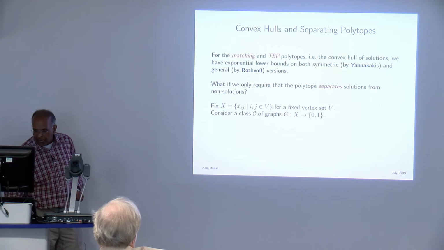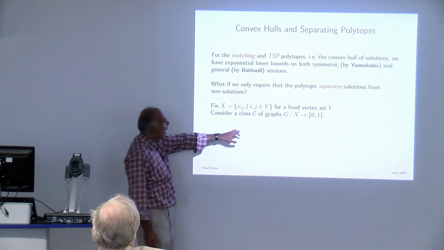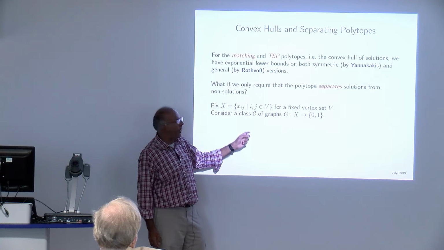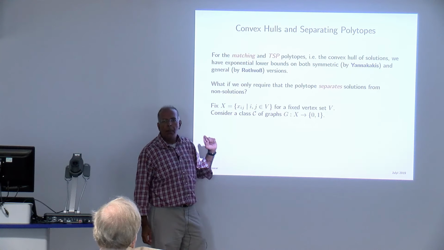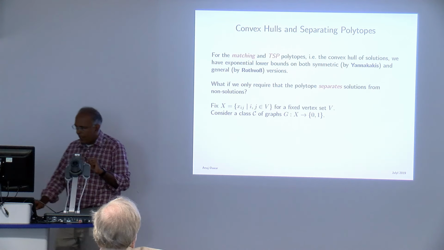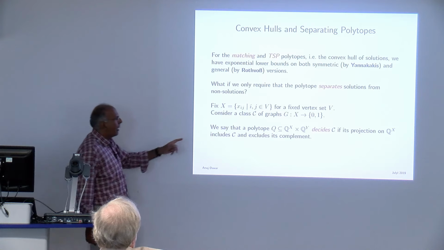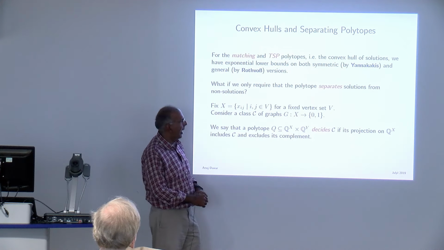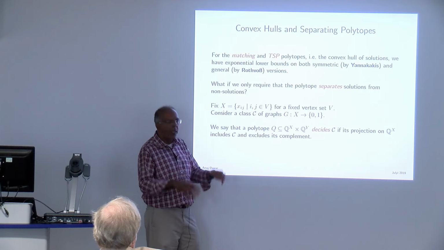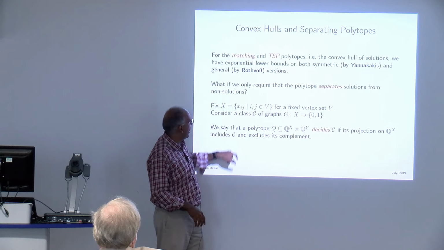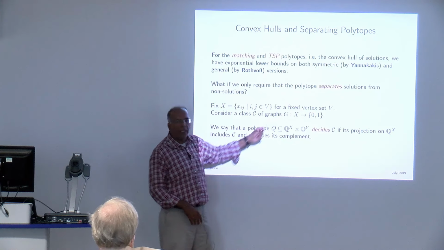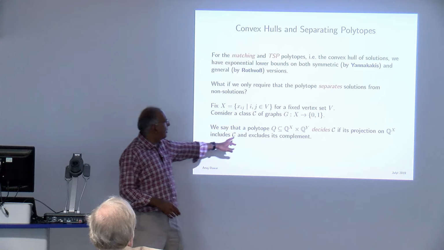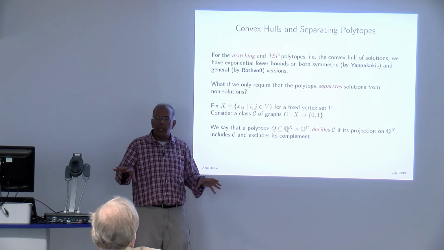So let's say we have, as I had before, a graph is a function, or if you will, a vector of zeros and ones indexed by pairs of vertices. And we will say that a polytope in a higher dimension, so extended with some new variables y, decides this class of graphs if its projection back on the x variables includes all the vectors corresponding to graphs in the class and excludes all 0, 1 vectors which are not in the class.